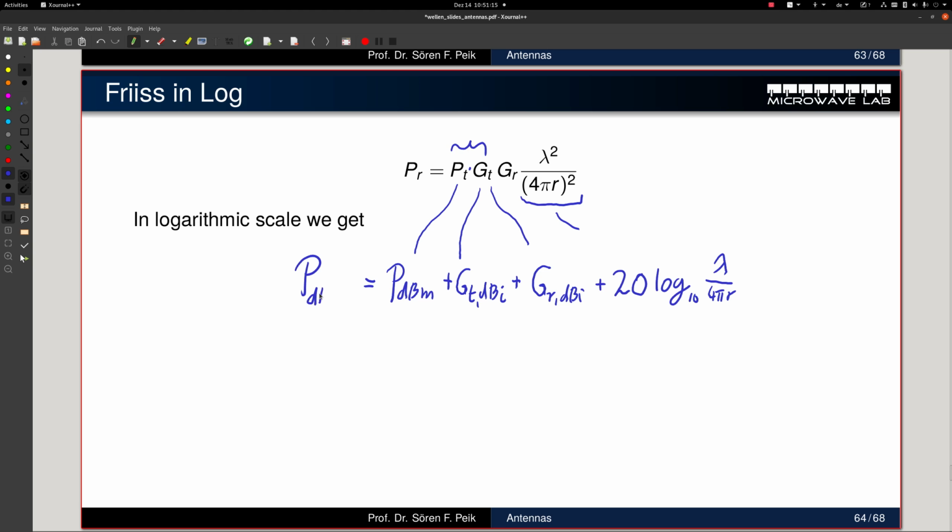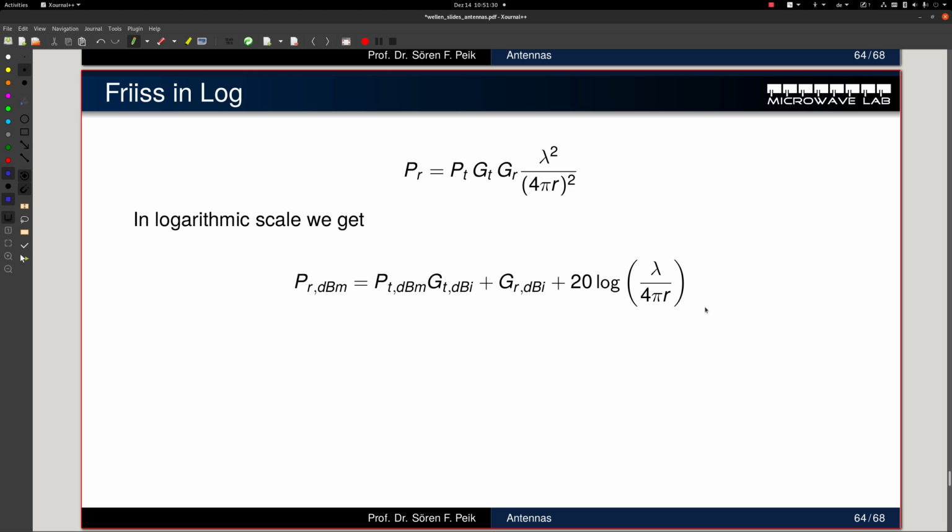Everything is now in dBm. That's exactly the same, just everything expressed in dBm. We have an example in a second. So here's a nicely written way of the formula in dBi. That's also a Friis formula, but this time in dBi. And there's a plus missing, I just see.